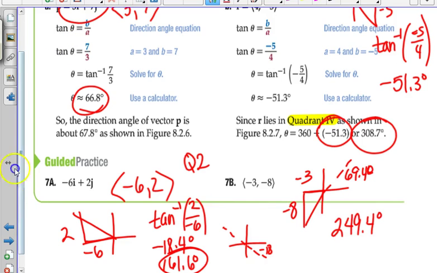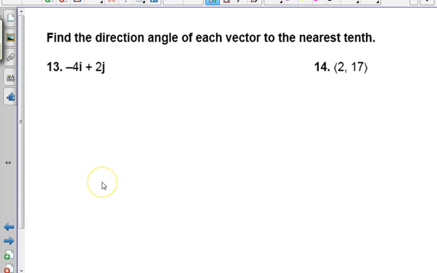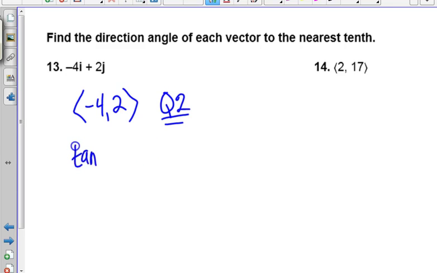Okay. All right, so let's do these two real fast. What quadrant is this one in? It's just another way of writing this, which is in quadrant 2. So when I'm done, my answer needs to be between 90 and 180 if I'm doing this in degrees, okay? So I'm going to go inverse tangent of y over x and get negative 26.6 degrees.